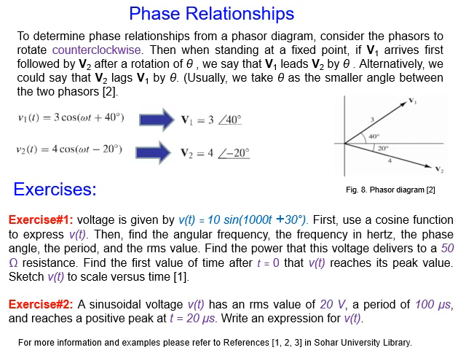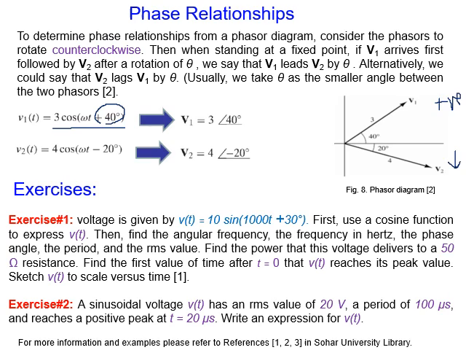Now more on phasor relationship, let's assume we have two voltages, V1 and V2. V1 is 3 cosine omega t plus 40, and I want to sketch this one. Just a minute. Plus 40, by the way, don't forget, when we rotate counterclockwise, anti-clockwise, it will be positive.